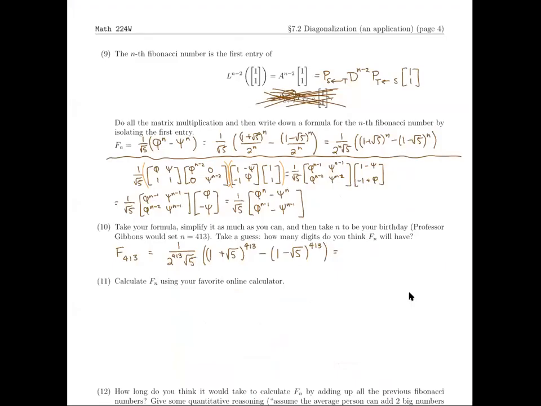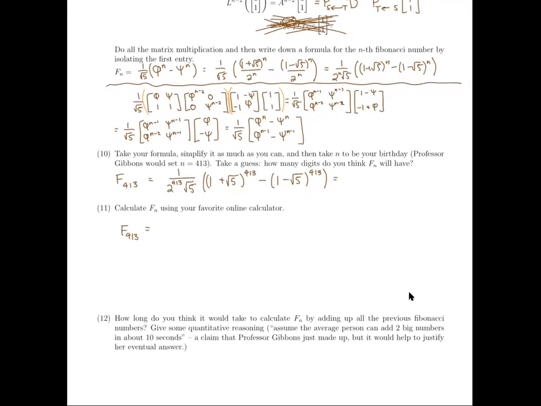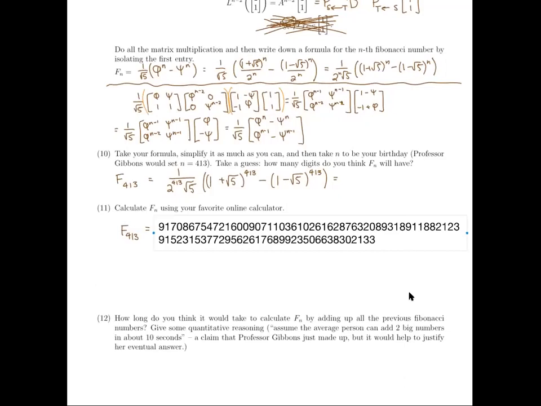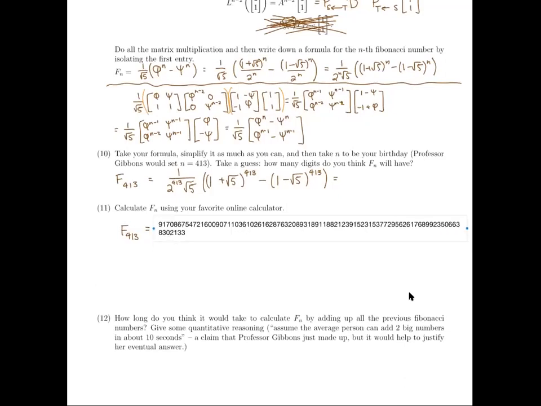Let's pop in here: F413 is equal to a text box. Can I paste it? Yep. Let's make the font a little smaller so we can maybe fit it on one line. There we go. So that's the 413th Fibonacci number.